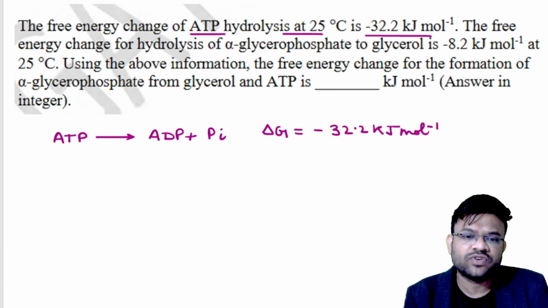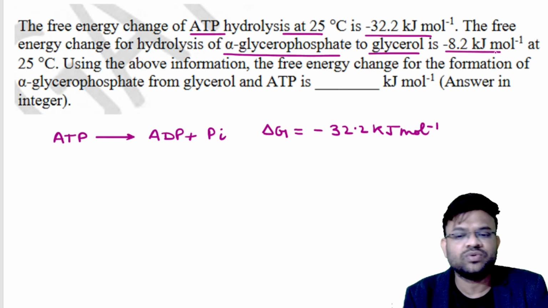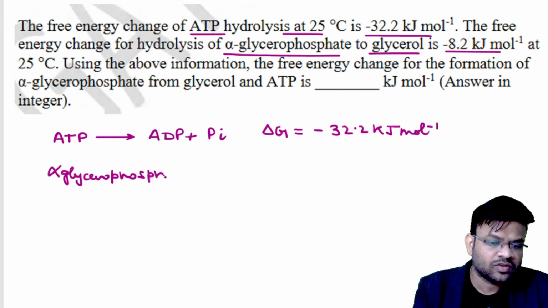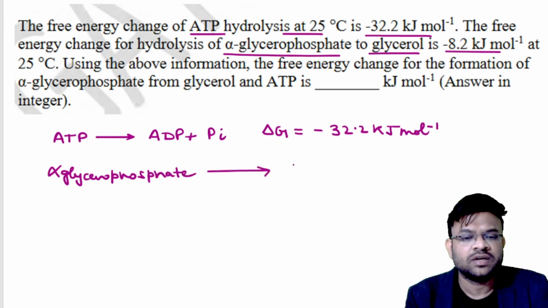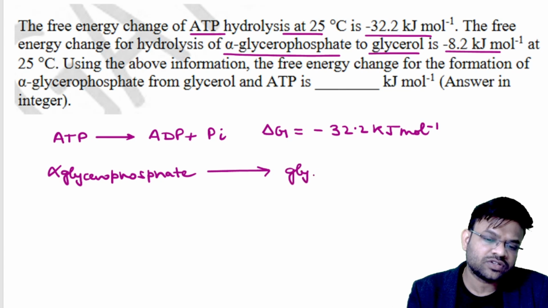The free energy change for ATP hydrolysis has been given. Now the free energy change of hydrolysis of alpha glycerophosphate to glycerol is minus 8.2 kilojoule per mole. That means alpha glycerophosphate is getting hydrolyzed, that is, the phosphate group is getting removed and it is getting converted into glycerol.